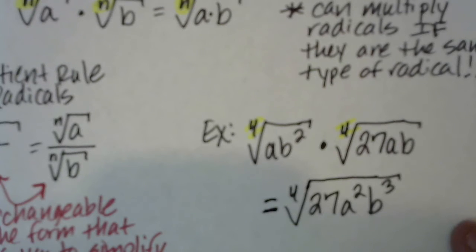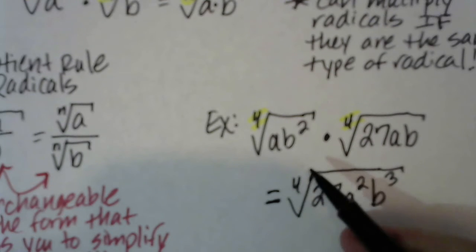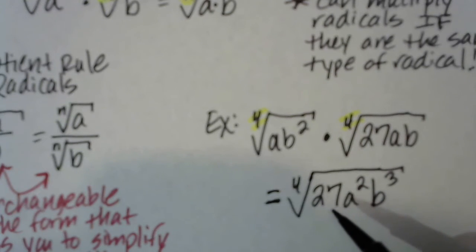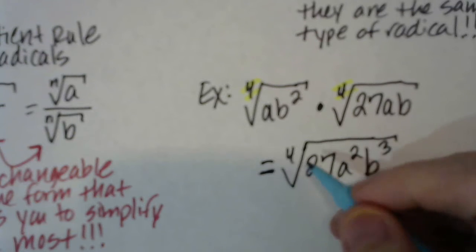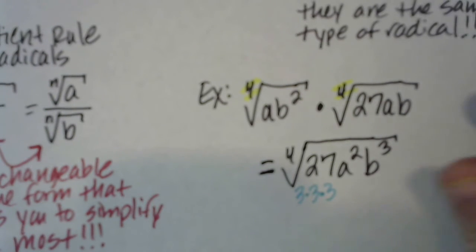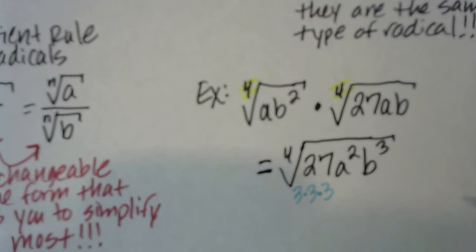Okay. Now I have to check this out and see if I can simplify further. But since it's the fourth root, I know that I have to have 4 factors or 4 variables in order to take out a group. Well, I know that 27 is 3 times 3 times 3. You get kind of used to that in this chapter. So I know that I don't have a group of 4. It's just 3, so I can't take anything out.